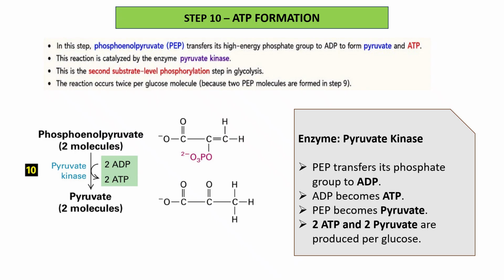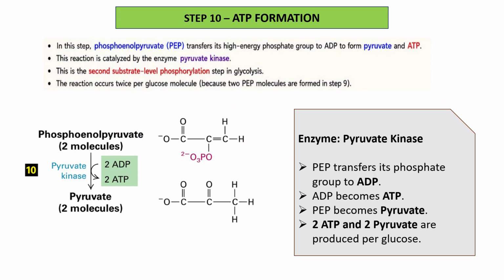Since ATP is produced by the direct transfer of a phosphate group from the substrate PEP to ADP, this process is called substrate level phosphorylation. As one glucose molecule produces two PEP molecules, this reaction occurs twice for each glucose molecule.